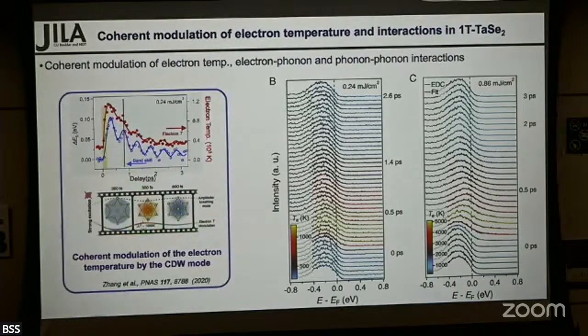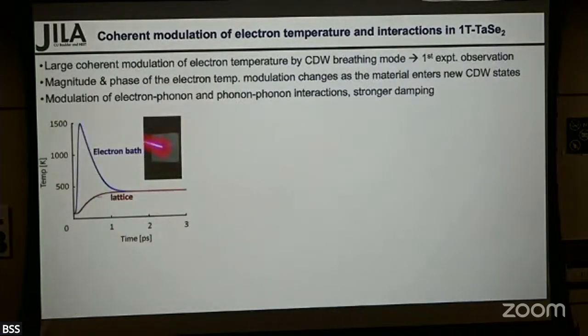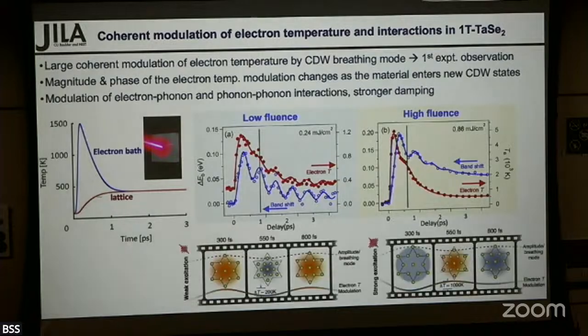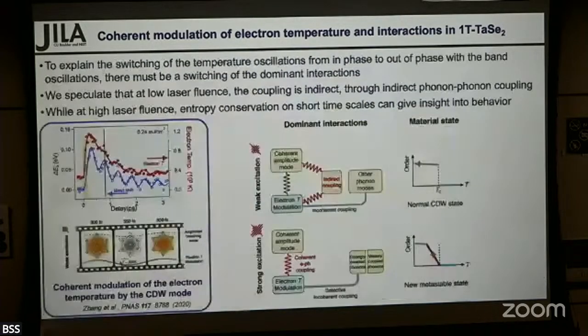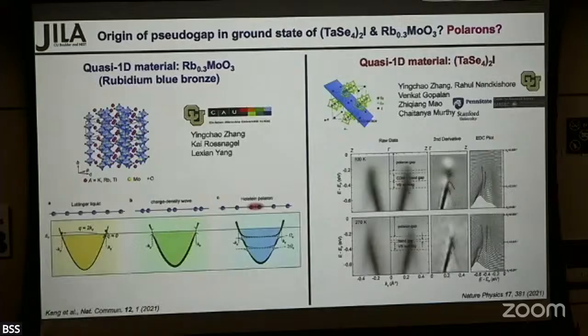And then I'll go to the more interesting case. This is more interesting because it's trying to use this capability. We can look at the electron temperature, or let's say the Fermi distribution more accurately, to try and figure out, in two different 1D materials, what was the nature of the ground state.